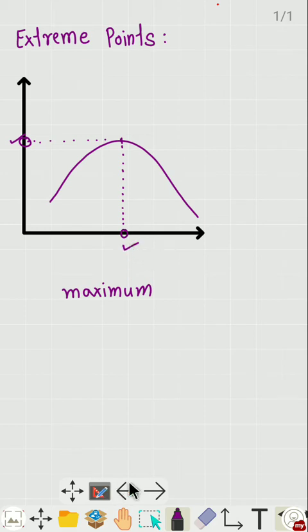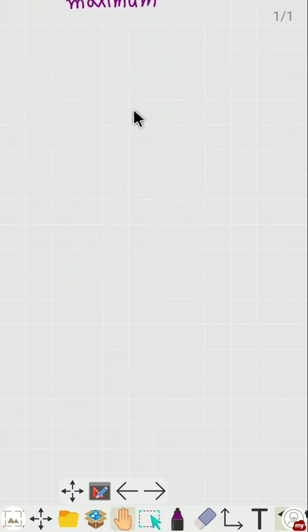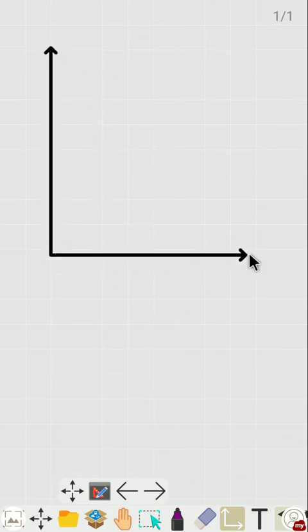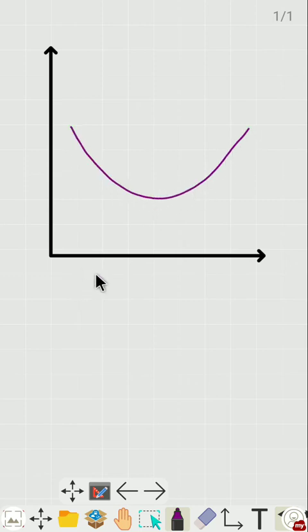Now consider the second curve. Suppose my curve is like this. This point on the curve gives the minimum value of the function, and that minimum value occurs at this point.